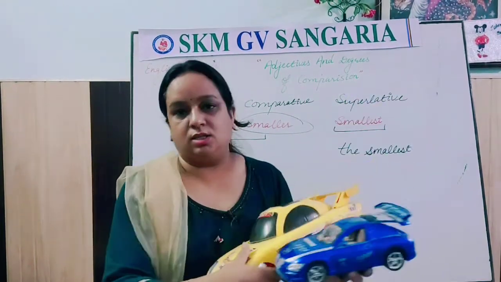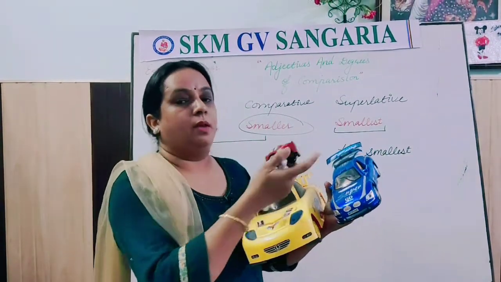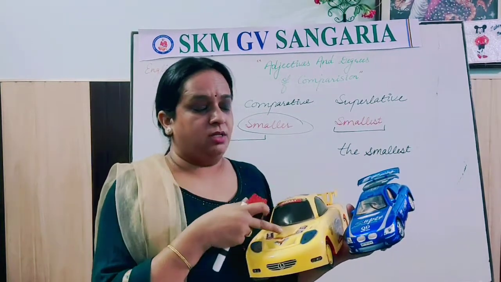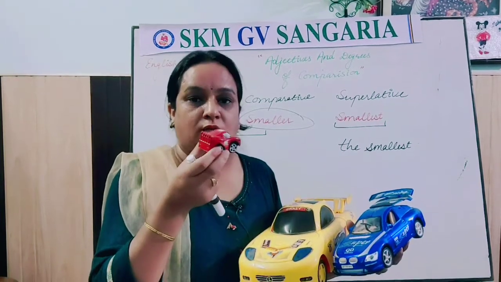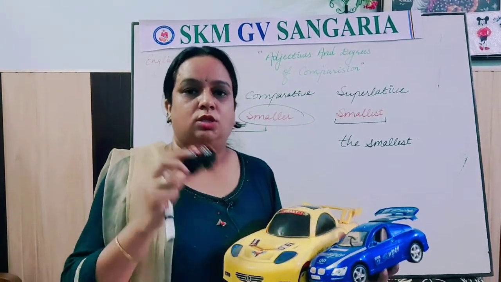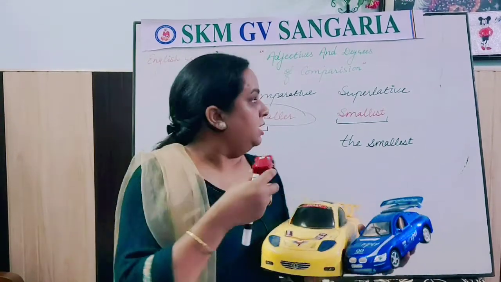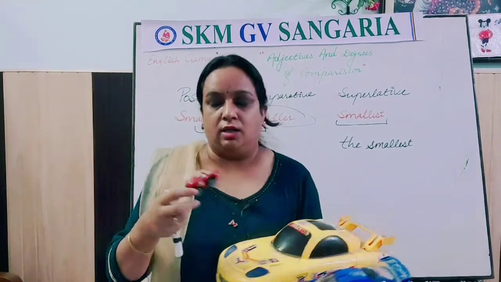And if I take all three together, then what I'll say is, my car is the smallest. The smallest word I have used here. So this is all about comparison, and this is called comparison of degrees, adjectives and the degrees.